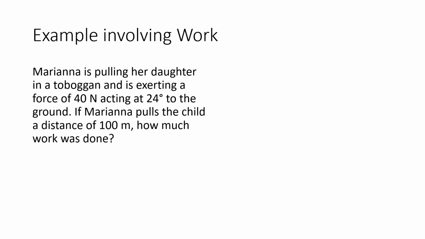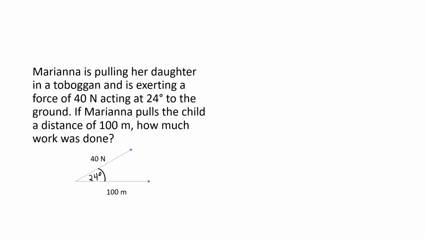So we'll do an example here involving work. Suppose Mariana is pulling her daughter in a toboggan and is exerting a force of 40 newtons acting at 24 degrees to the ground. If Mariana pulls the child a distance of 100 meters, we'd like to know how much work was done. So we can draw our vectors as such.